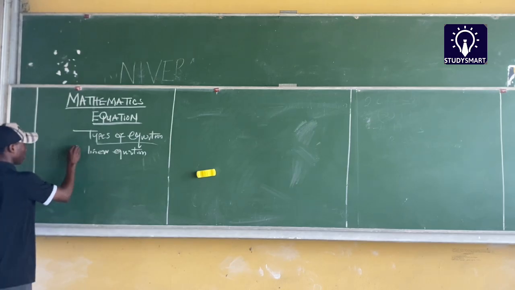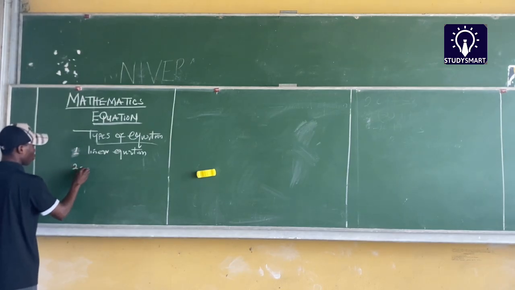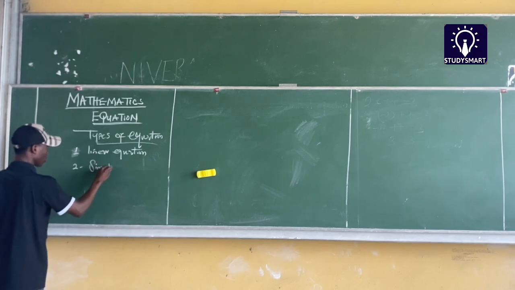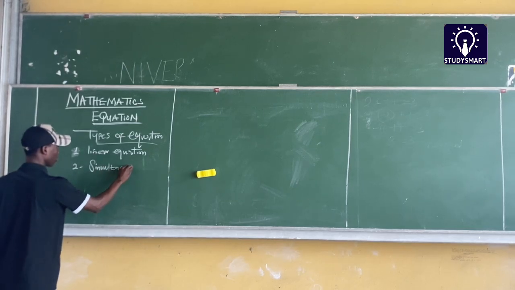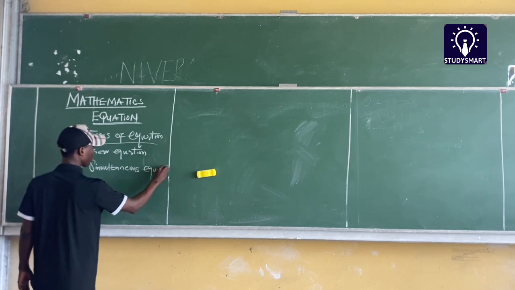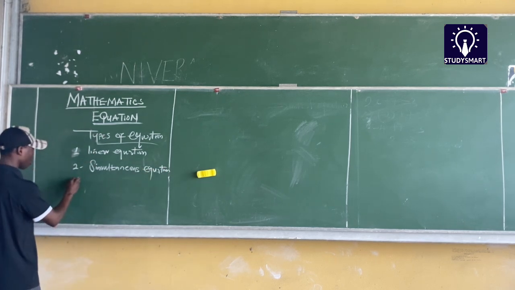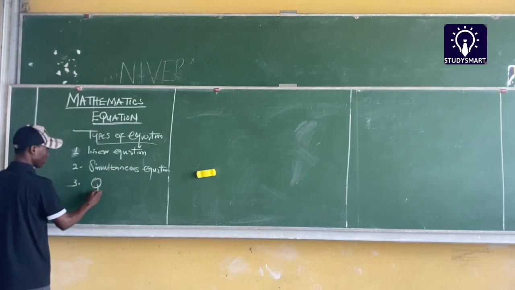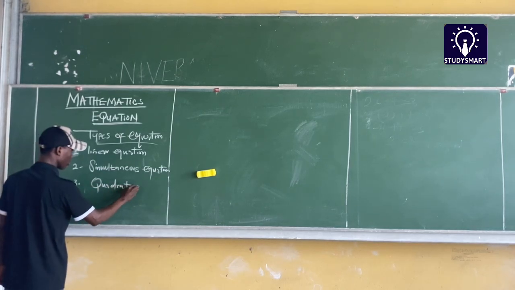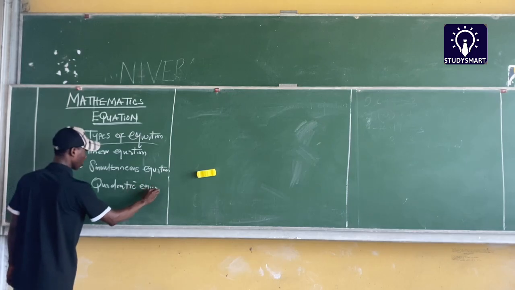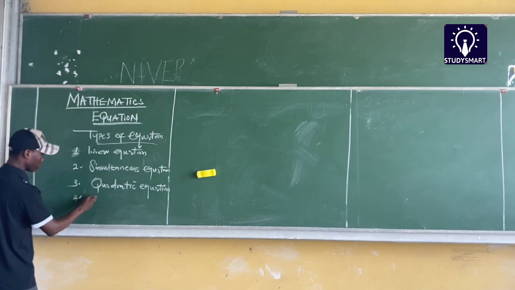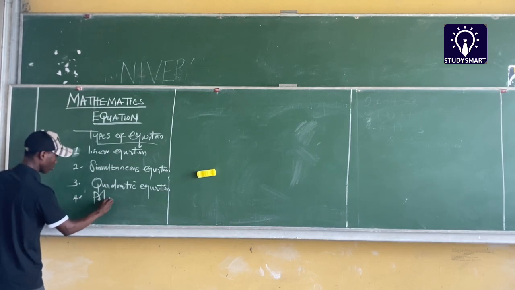Then we have the simultaneous equation, the quadratic equation, and the polynomial equation.